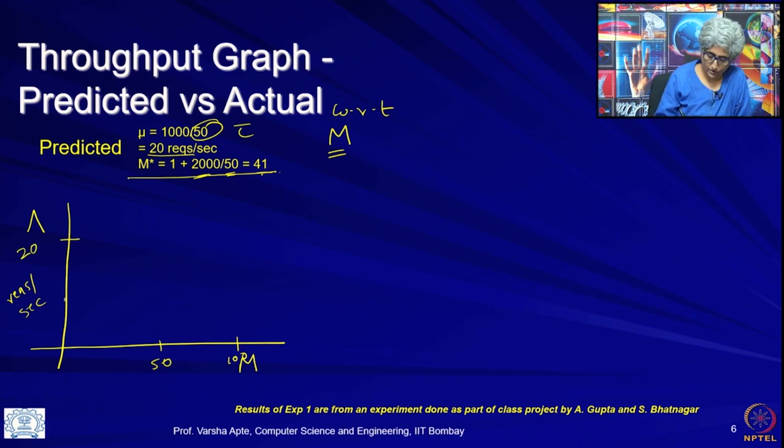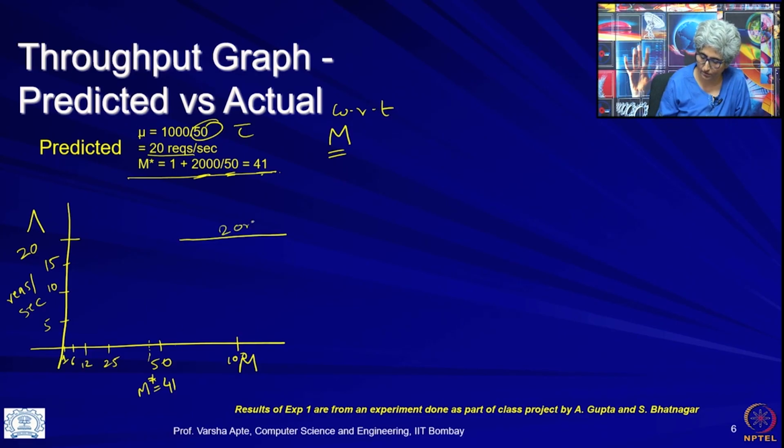So, this is 5, 10, 15. Around here is M star, 41. Somewhere here the throughput is going to start going towards the maximum, not exactly here, but we can be sure that around here the throughput is going to be 20 requests per second.